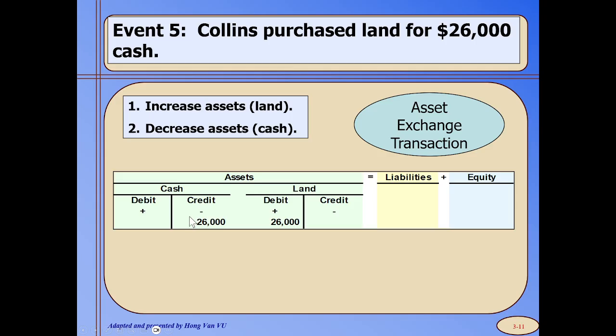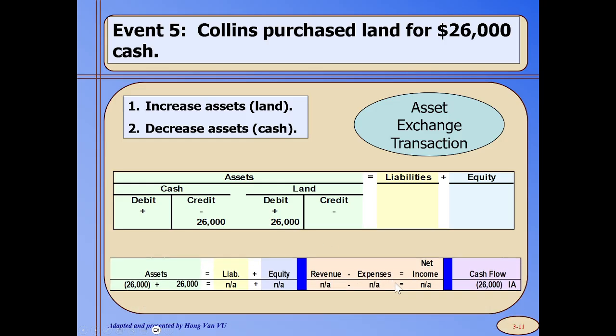And here is the illustration of the impact on the T account. The cash has a decrease, so we have a credit of 26,000 and the land increase of 26,000. And in the next slide you see the transaction on the financial statement model.